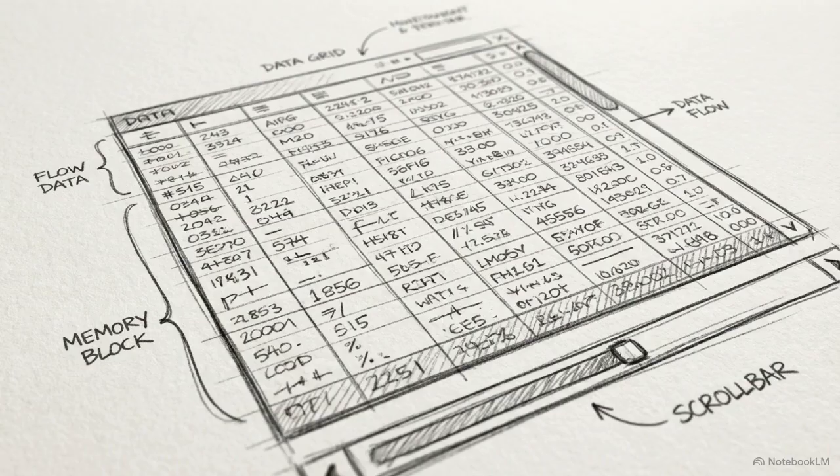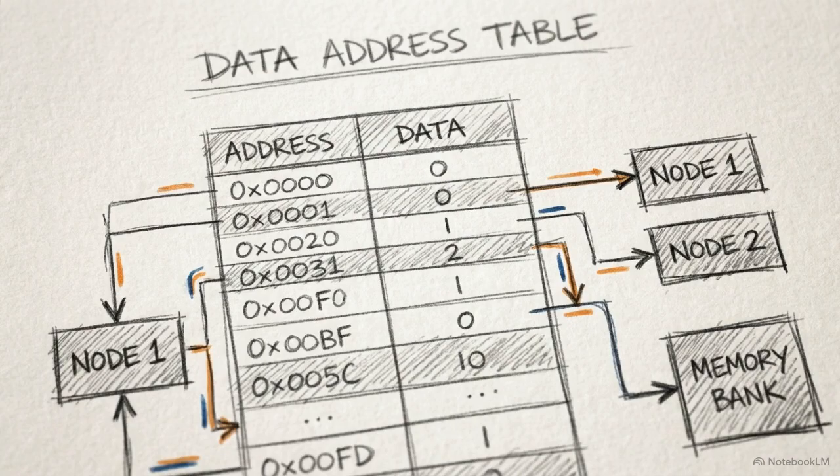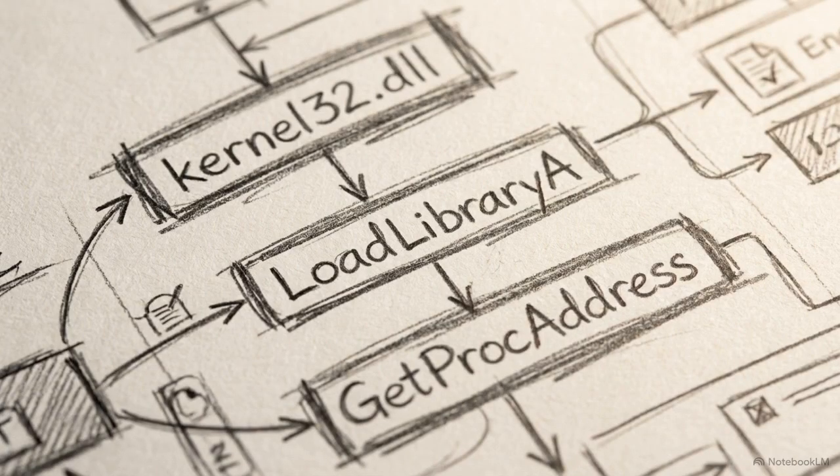We can still deduce the program's intent by examining the .idata section at the end of the text dump. The import address table lists every external Windows function the software requires to operate. This dump contains references to kernel32.dll, the commands LoadLibraryA, and GetProcAddress.